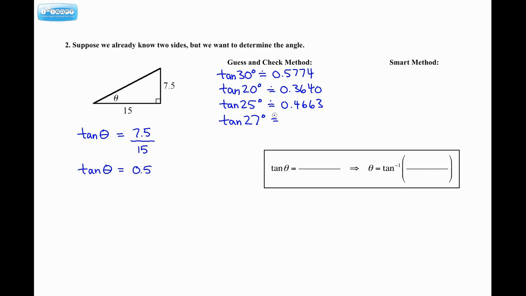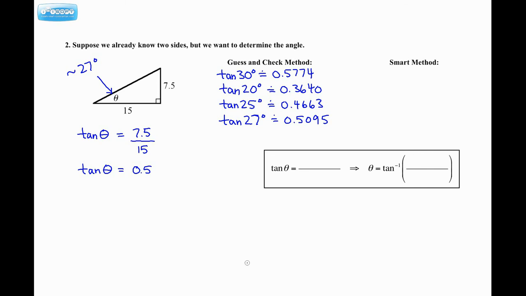Oh, that's better. That gives me 0.5095. But that's still not exactly a half. So I could keep going. I could start adding decimals, and I'd be here all day depending on how accurate I want my answer to be. Okay, so you could guess that maybe this is approximately 27 degrees.